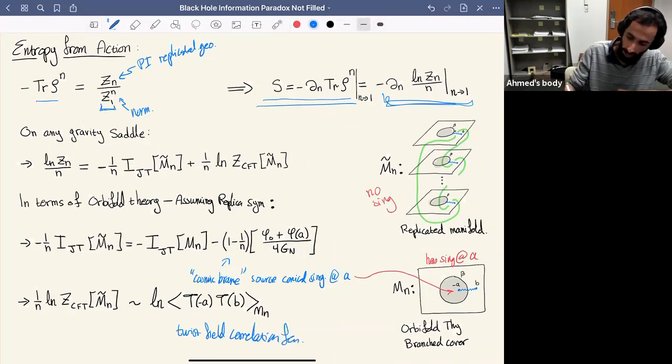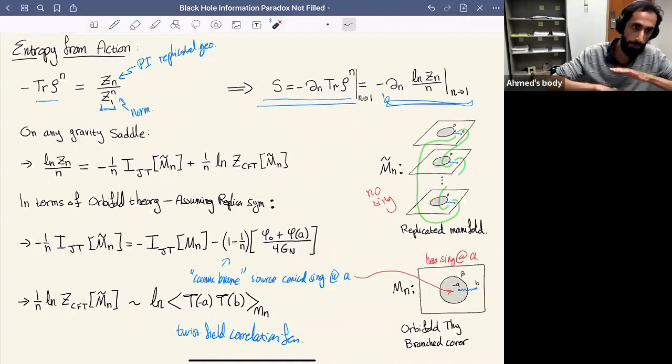That's where one of the twist fields is at minus A and the other one is at B. They create a branch cut, which allows you to go from one sheet to the other sheet and so on. Remember, this is the orbifold theory. It's n copies mod Zn.